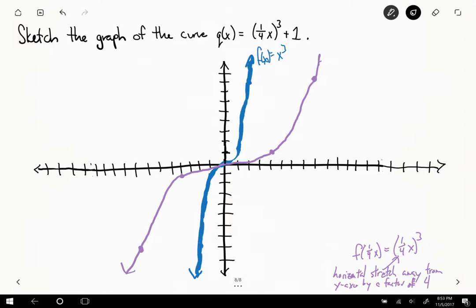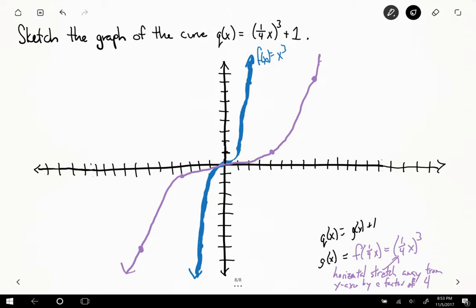Okay. So I think we're finally ready for what our finished product looks like. What does this plus 1 do? Well, let's call this graph, let's say g of x. If we want to do q of x, notice all we need to do is take g of x and then we add 1, right?